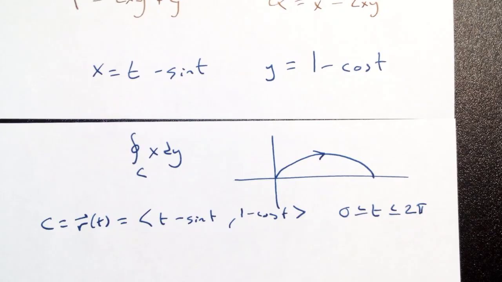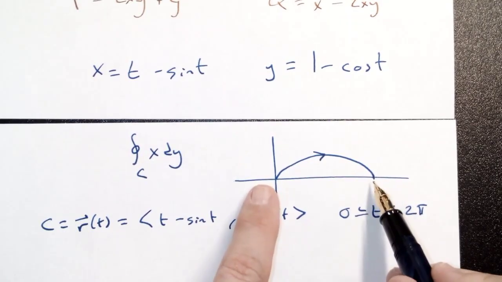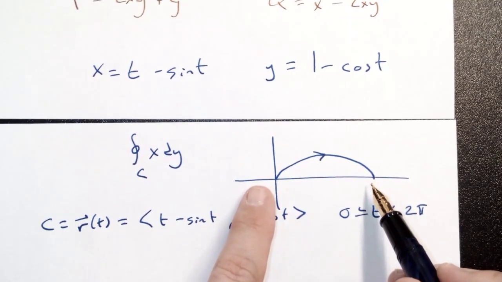What's the problem? What else is the problem? There's two problems. You've only hit one of them. It is clockwise. We start here, we end here, it's not closed.